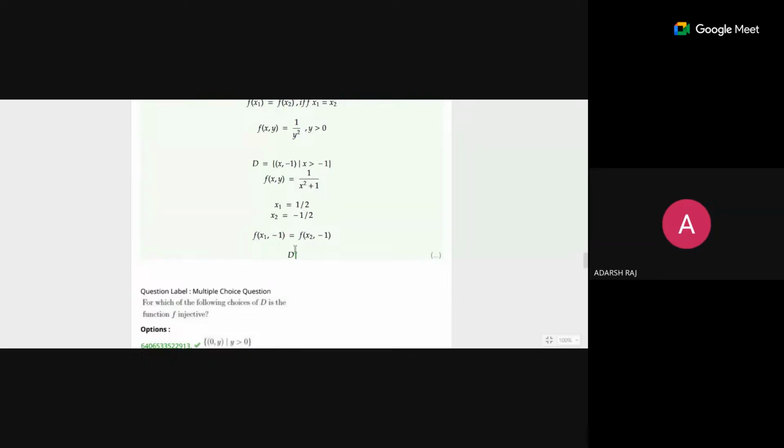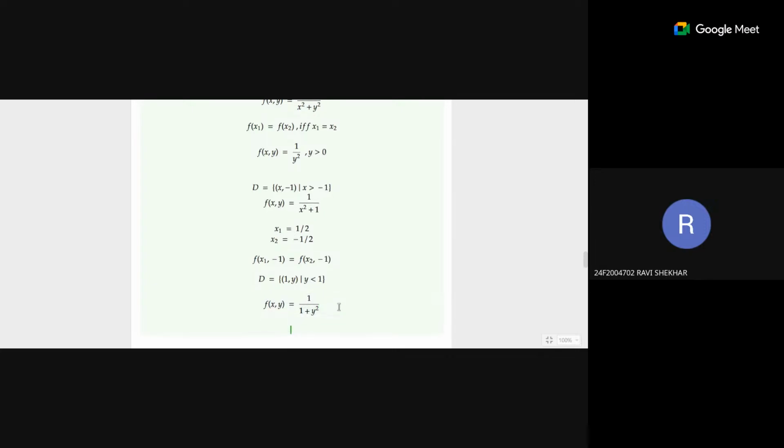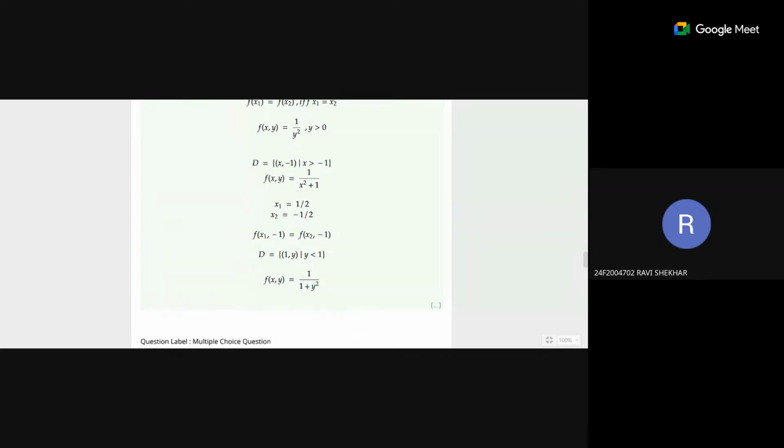So the domain is y is less than 1. So what will it be here? It is 1 comma y square, right? We just put the value of x equal to 1 and we get this one. Yes, we can take y similarly to the way we did for x. Y1 equal to half.